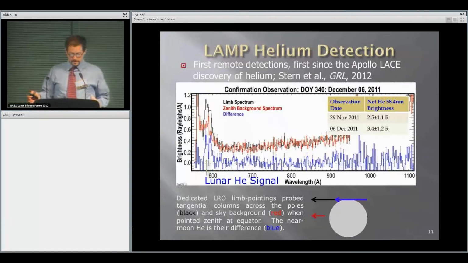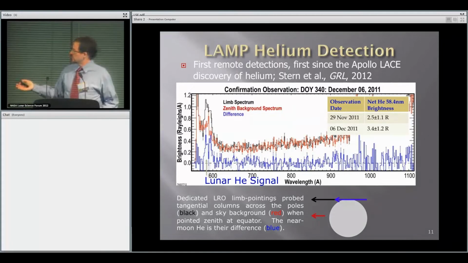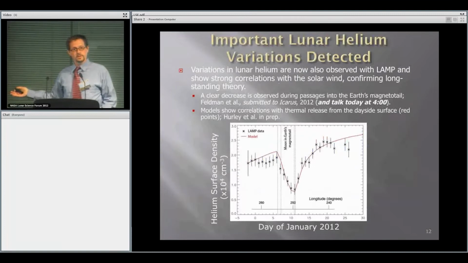Here is a spectrum of one such case where we looked above the lunar limb, and we're looking at the line of sight that is just tangent to the limb of the moon above the poles. And we're really excited to report that within these types of observations, we have the first remote detections of lunar helium. These are the first since the Apollo LACE mass spectrometer measured these, discovered these in situ on the lunar surface.